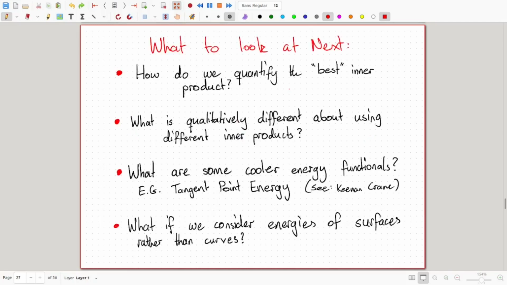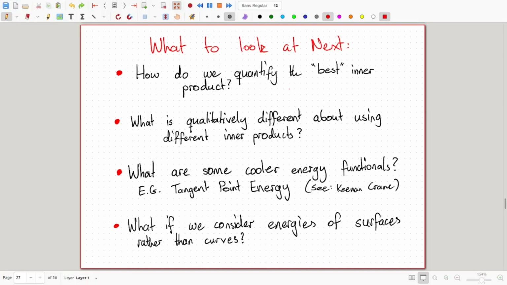Okay, so really that's the end of the presentation, but here are some ideas on what to look at next. So first of all, you could ask the question, how do we quantify what it means to pick the best inner product? Is it really heuristic driven and arbitrary, or are there some fundamental principles? And the answer is there are some specific choices you can make that find some notion of the best one.